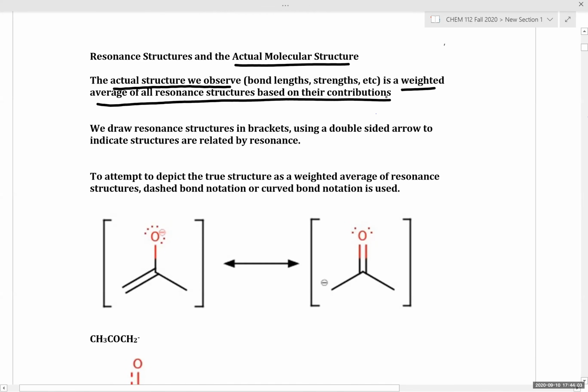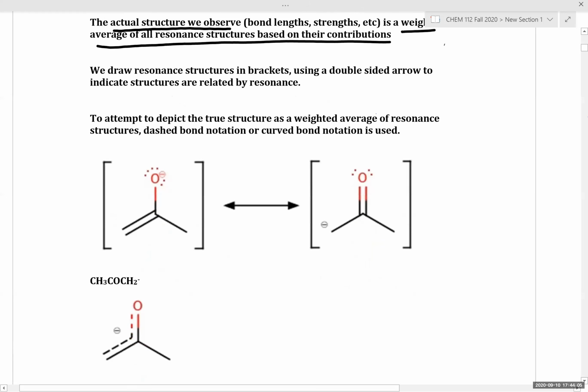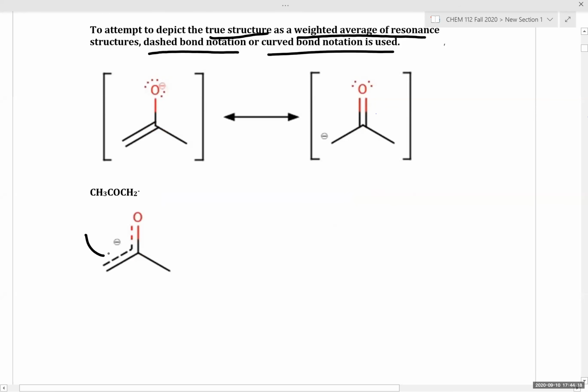Now, one way that we depict the true structure as a weighted average of resonance structures is to use either dashed bond notation or curved bond notation, where this dashed bond is indicating that we have electron density delocalized across multiple atoms, and we have a charge that is delocalized across multiple atoms.